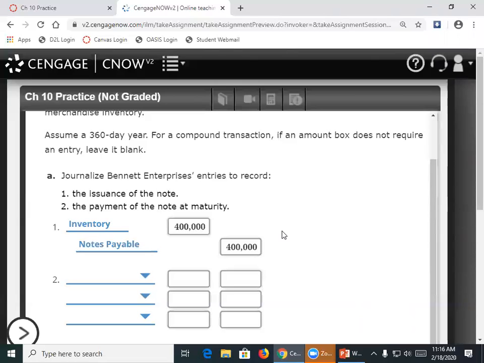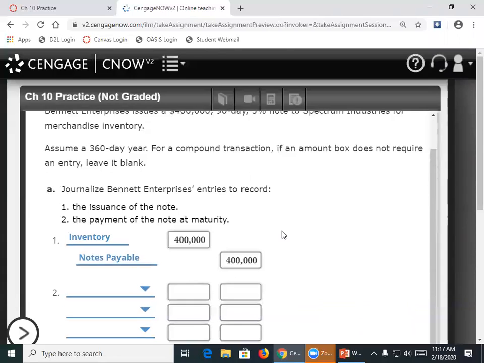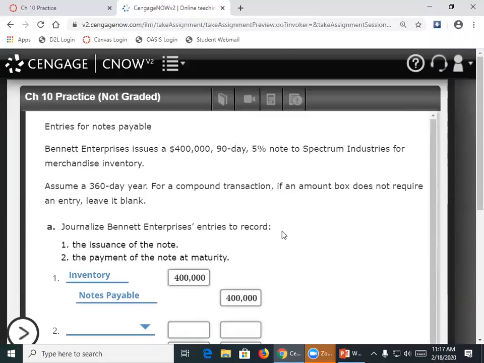So there we've journalized the issuance. The next thing we need to do is calculate the interest, right? So what would I do to calculate interest? 400,000 times 5% times 90 over 360.